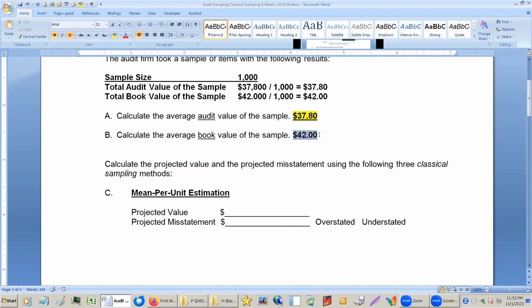This will be for the client. Those are what the client said. So this is the auditor's average, and this is the client's average. Okay, so a couple things about this.